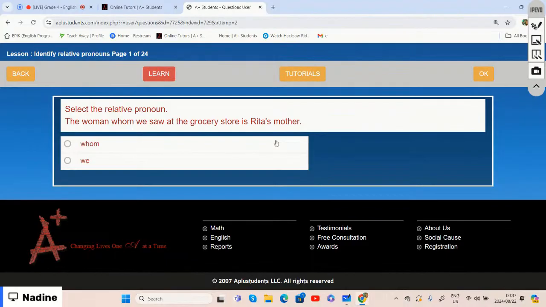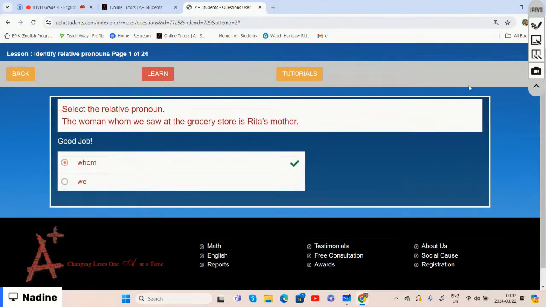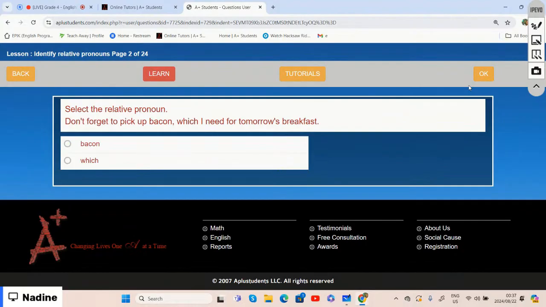Those are relative pronouns. So here the relative pronoun would be whom. Yes, well done. Option one is correct.